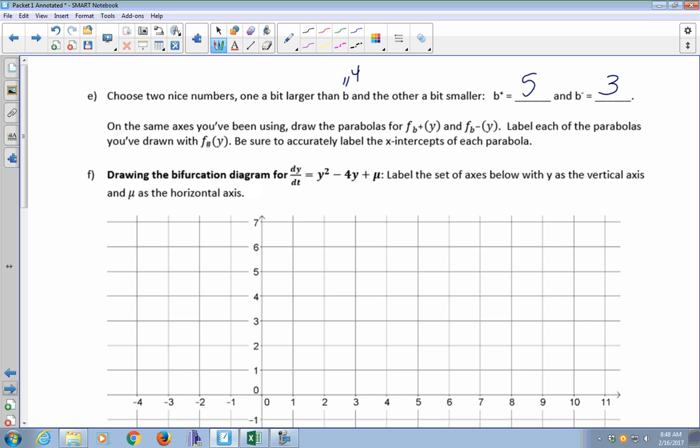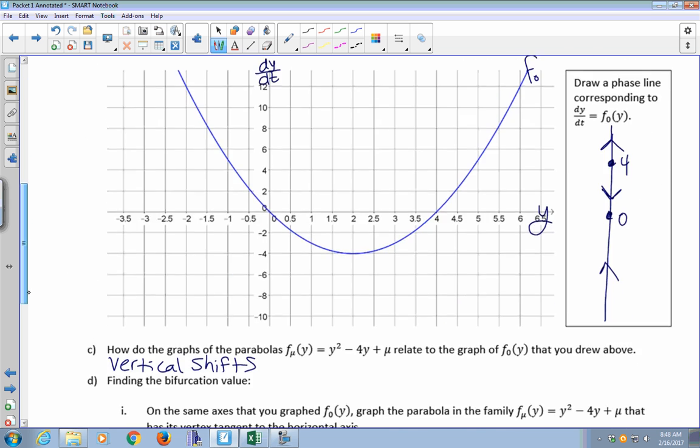So on the same axes that we were drawing before with the f sub 0, I want to graph 3 more parabolas, f sub 4, f sub 5, and f sub 3. So I want to make mu 3, 4, and 5 and graph those parabolas. So I'm going back over here.